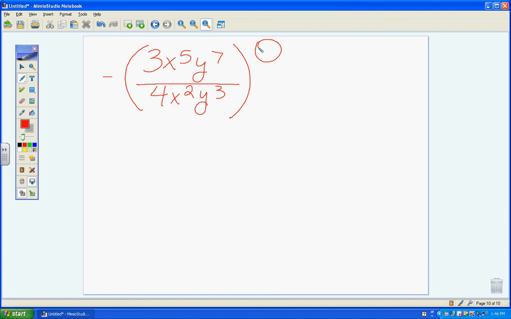If I apply this at all, it's 1. You don't have to do anything else. Okay, does everyone understand that? If there is a 0 exponent applied to this whole parentheses, it's 1. Don't do anything else.